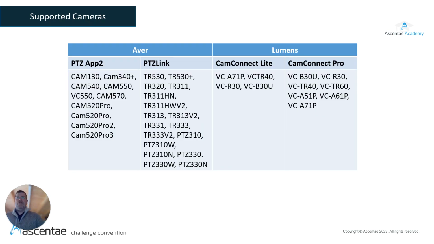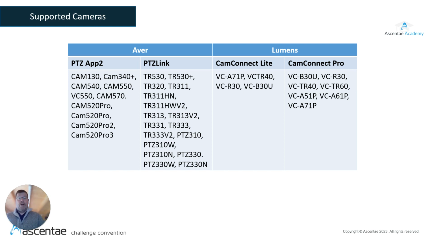Now, in terms of Ava and Lumens, they both make a lot of different cameras, and you have different versions of camera director software as well. So in both instances, you have 2 separate software or hardware applications which support camera tracking. For Ava, the PTZ App 2 only supports a single camera, so you can support camera steering but not camera switching.